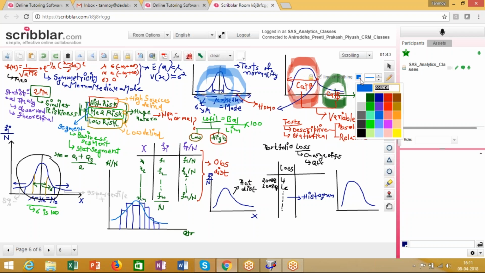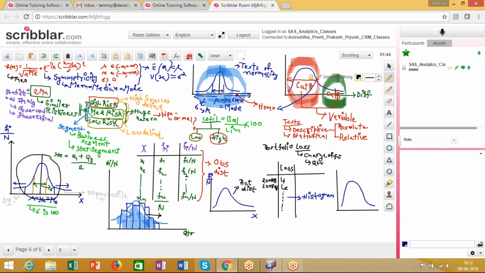After doing this, what I can see is that a substantial part of the observed distribution lies below this curve.